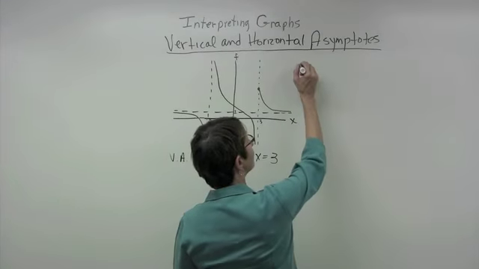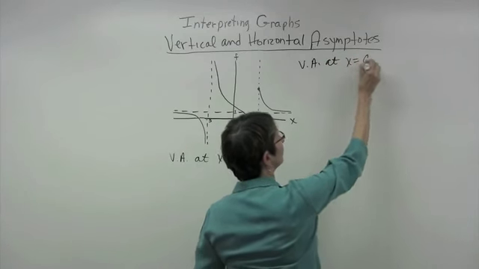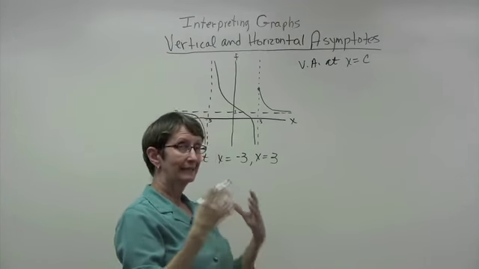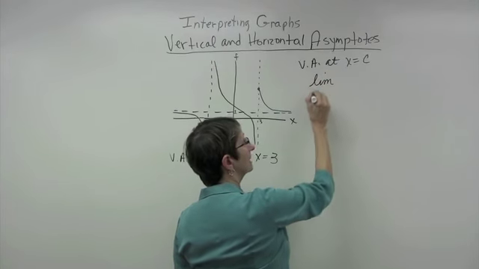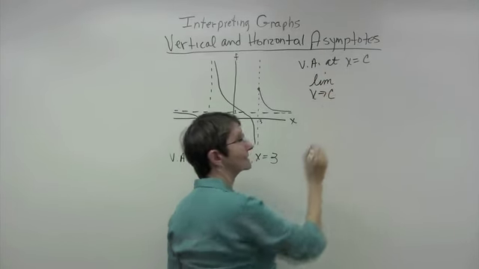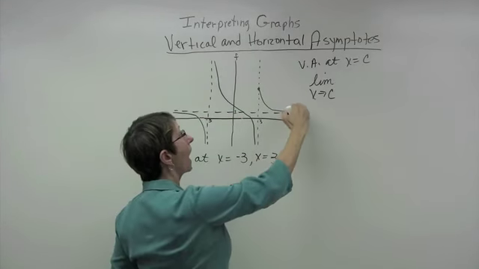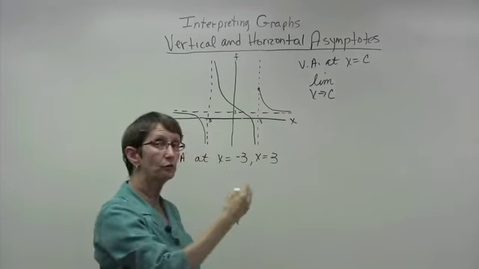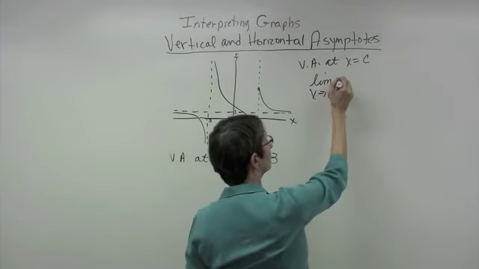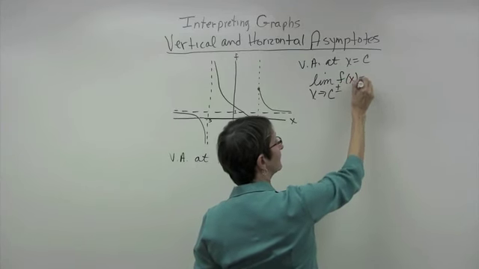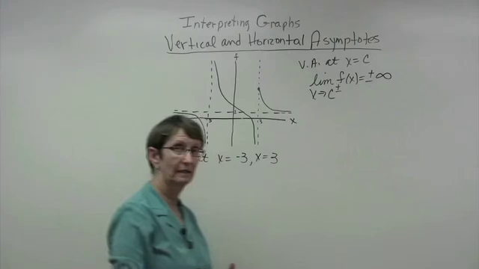To have a vertical asymptote at x equal to c exactly means that the limit as x approaches c from either the left-hand side and or the right-hand side, either one or both of the function, is equal to either positive or negative infinity.